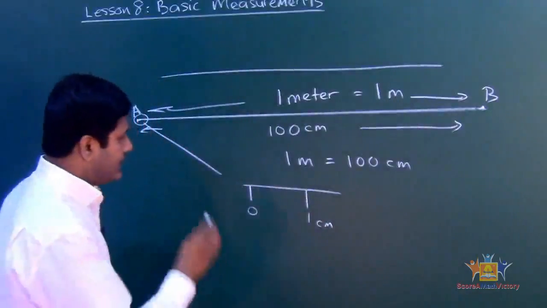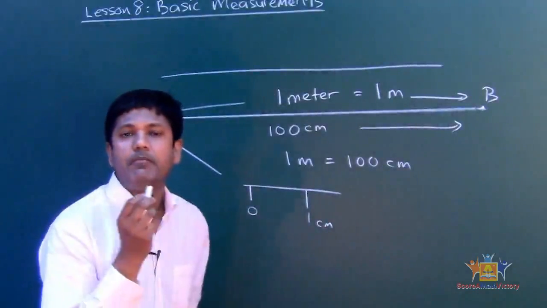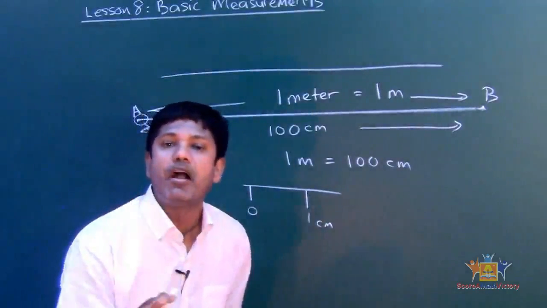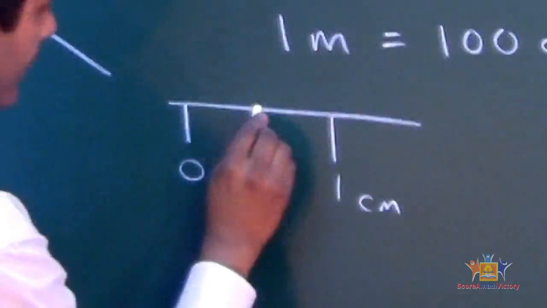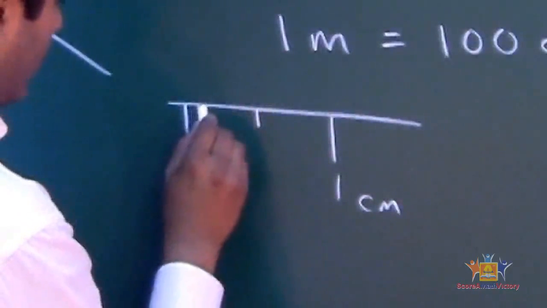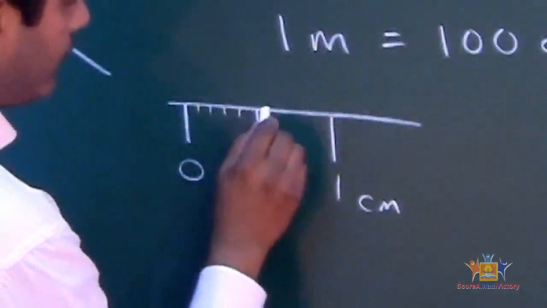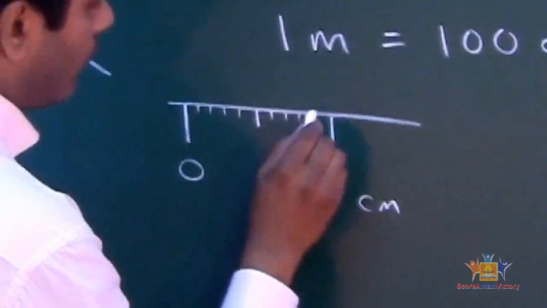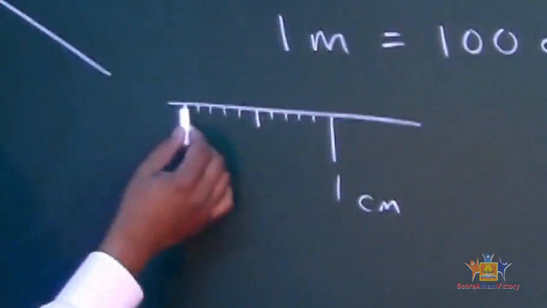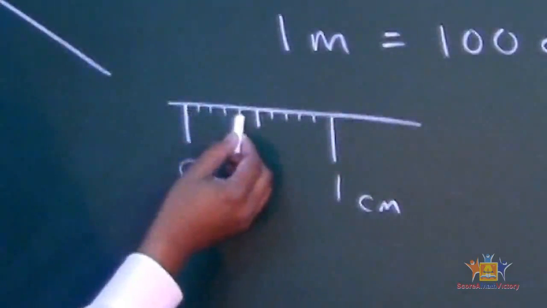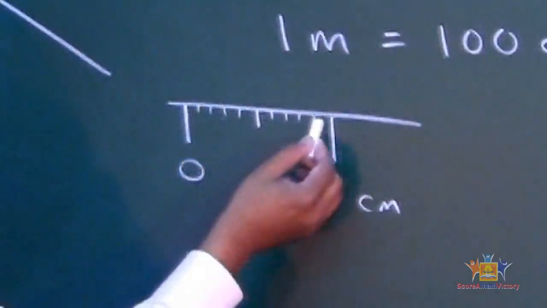Now this 1 centimeter has been scaled to 10 parts. Let's see, 1 2 3 4 5, 1 2 3 4 5. So that means 1 2 3 4 5 6 7 8 9 10.